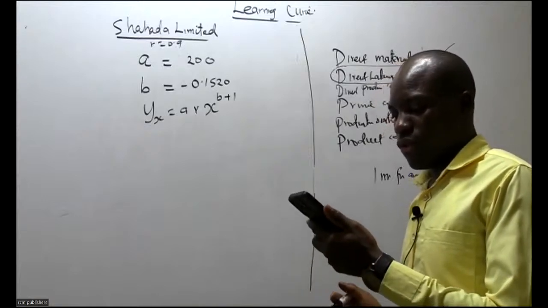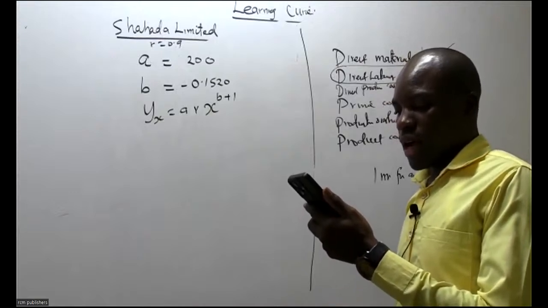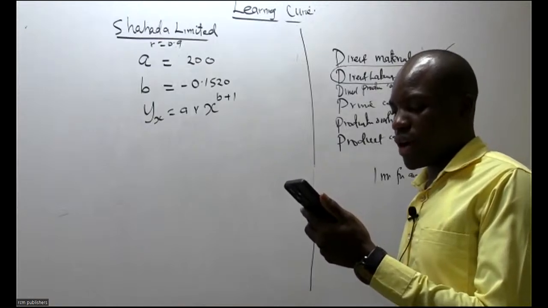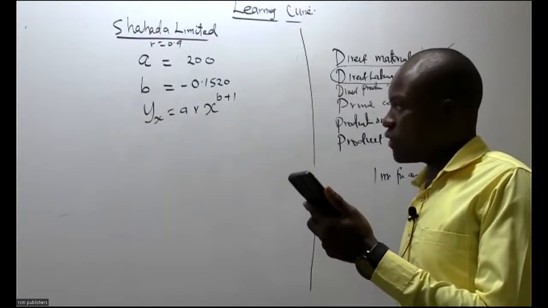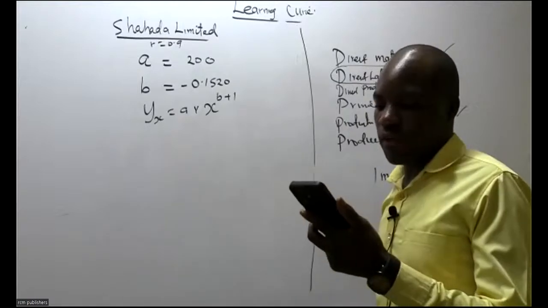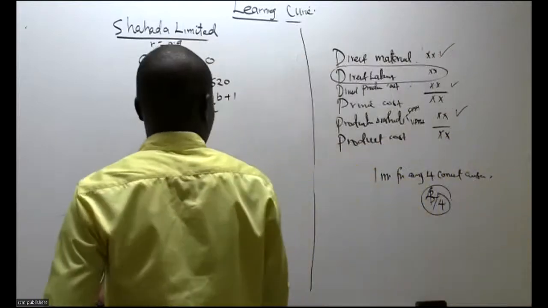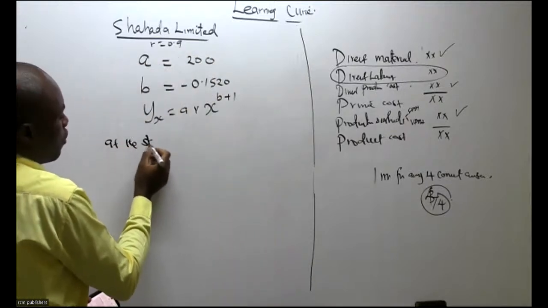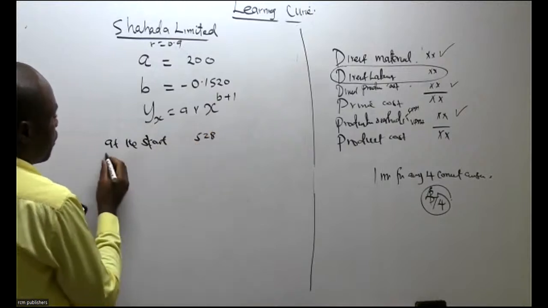Within that question, we are being told that additional information number 1, the following information relates to the previous production period. Cumulative production at the start of the period: at the start, they had 528.